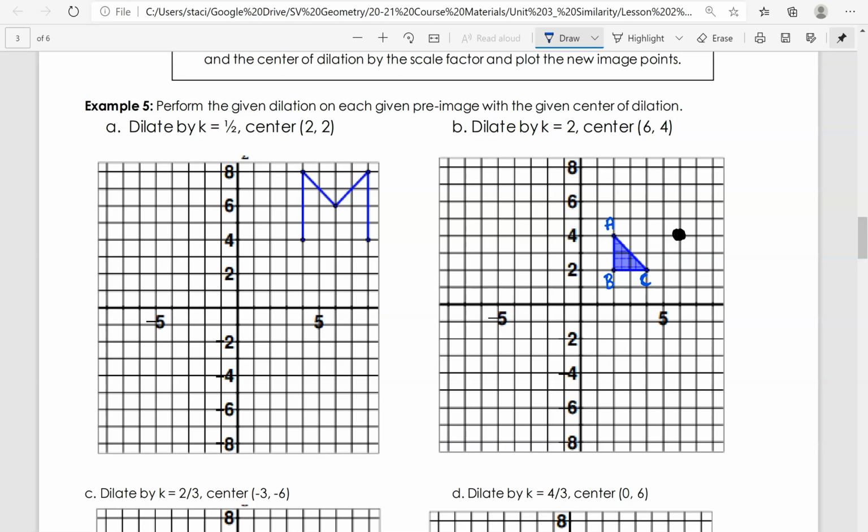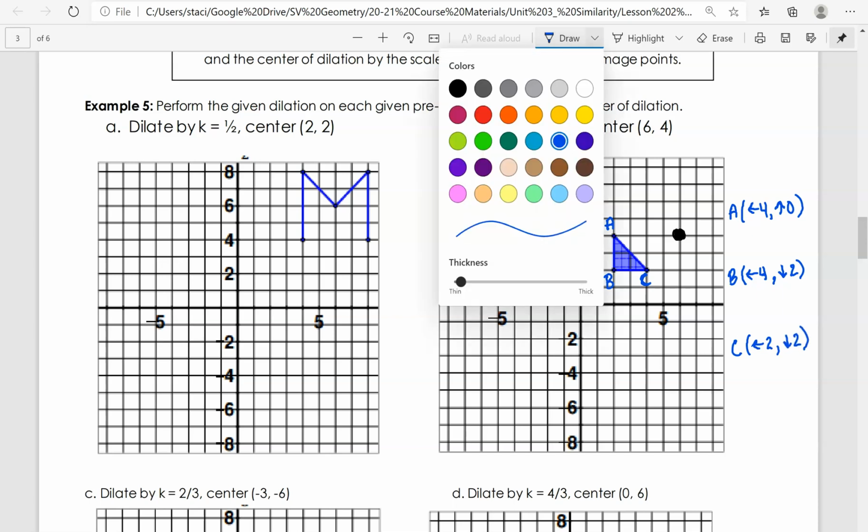We're going to jot down, for A, from the center of dilation I have to go backwards 4, and I didn't go up at all. For B, I'm going to leave a space so I can do the primes. For B, I had to go backwards 4, and then down 2. And then for C, I have to go backwards 2 and down 2.